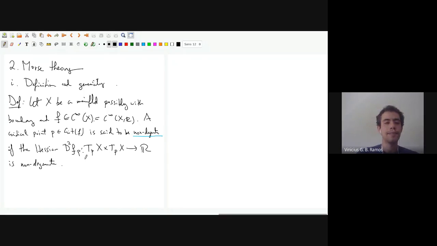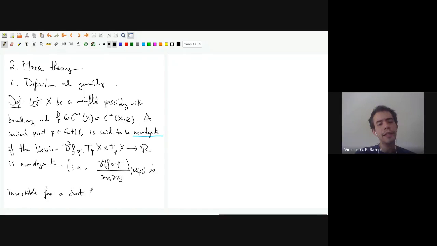This is the same thing as saying that the matrix D squared of f composed with the inverse of a chart, d x_i d x_j, at phi of P, is invertible for a chart x_1 to x_n.